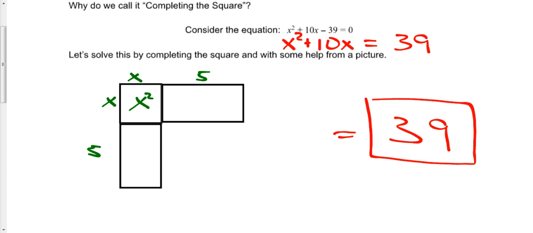Why do I call it completing the square? What do I add? How big? 5 by 5, right? 5 by 5. So how big? 25. So do we know where half of the b term squared comes from now?